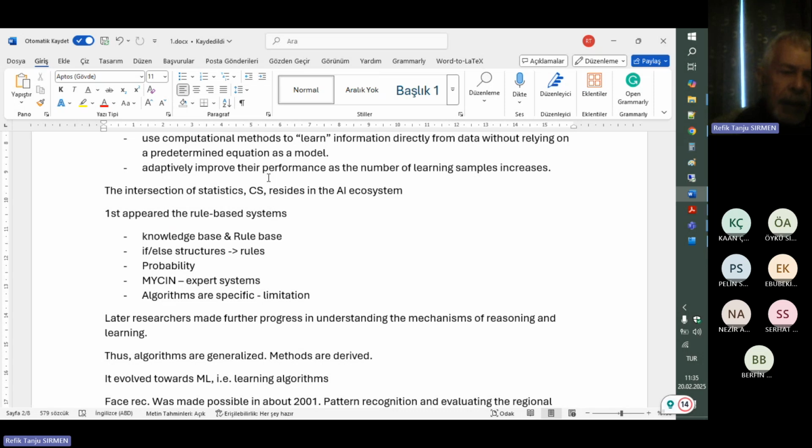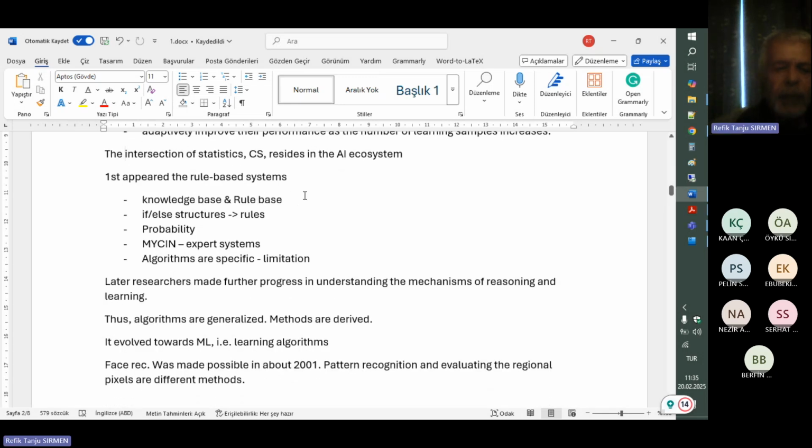So this area, the machine learning area, is in the intersection of statistics and computer science, basically, and of course mathematics and all other stuff. But it resides in the artificial intelligence ecosystem, as I mentioned earlier, right? At first, it appeared as rule-based systems, which are a kind of if-else structure.